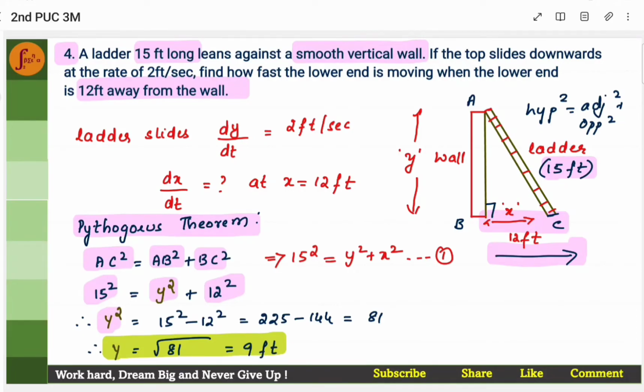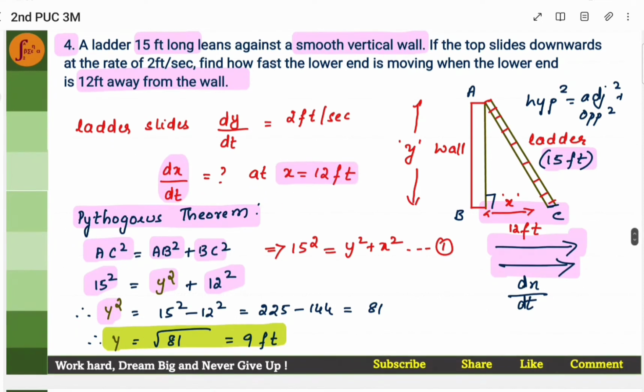Now, what am I supposed to find? I'm supposed to be finding how fast the lower end is moving when the lower end is 12 feet away from the wall. That means I have to find this rate of movement. What is this? x. So I have to find dx, with respect to time. So I have to find dx by dt, when x is 12 feet.